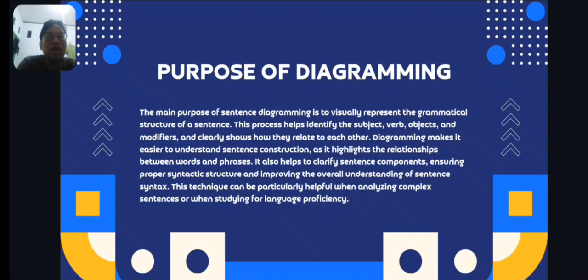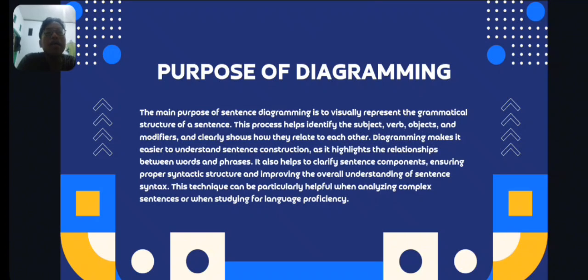So the purpose of diagramming. The main purpose of sentence diagramming is to visually represent the grammatical structure of a sentence. This process helps identify the subject, verbs, objects, and modifier, and clearly shows how they relate to each other.